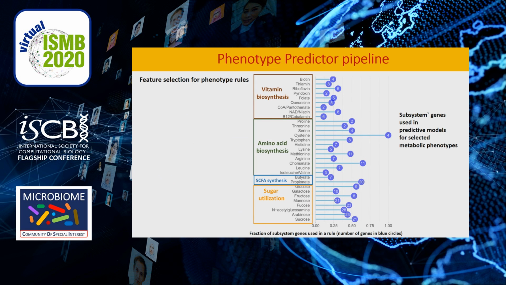Only a subset of subsystem genes or features was used in the predictive models, and this number of features varies depending on the pathway analyzed.